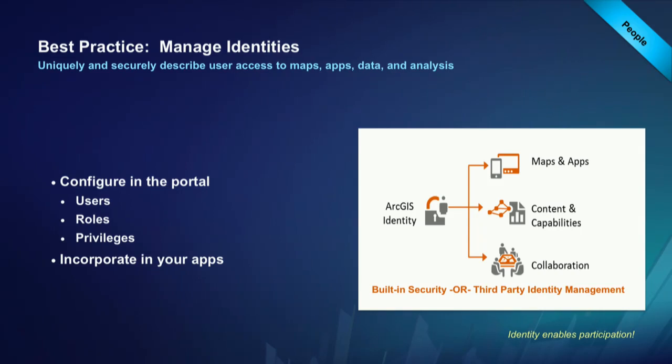A person's ArcGIS identity can be either managed by ArcGIS using built-in security capabilities or managed with third-party identity management systems. Regardless of the approach that you take, effective management of user identities and associated credentials is necessary for your users to be able to appropriately use and to participate in your ArcGIS platform.